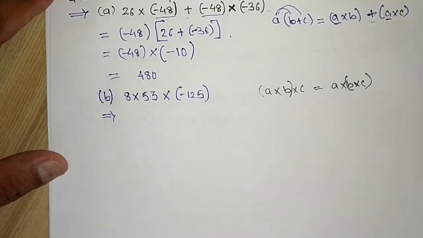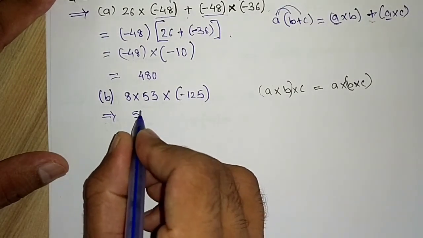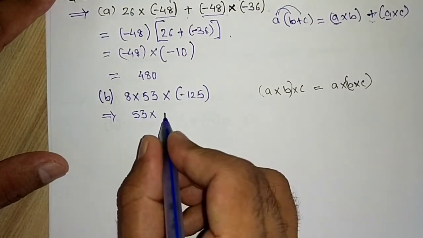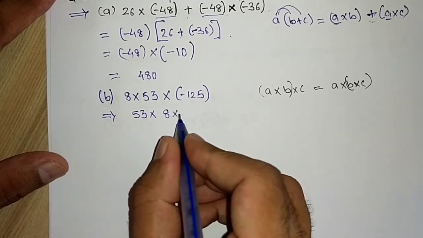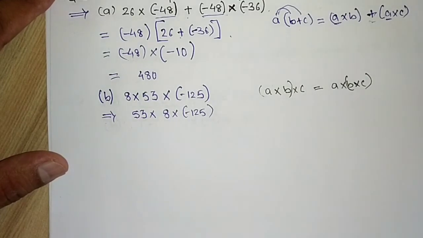So let us use the associative property. First I will arrange this question. I will write 53 in the first position, then 8 multiplied by minus 125.